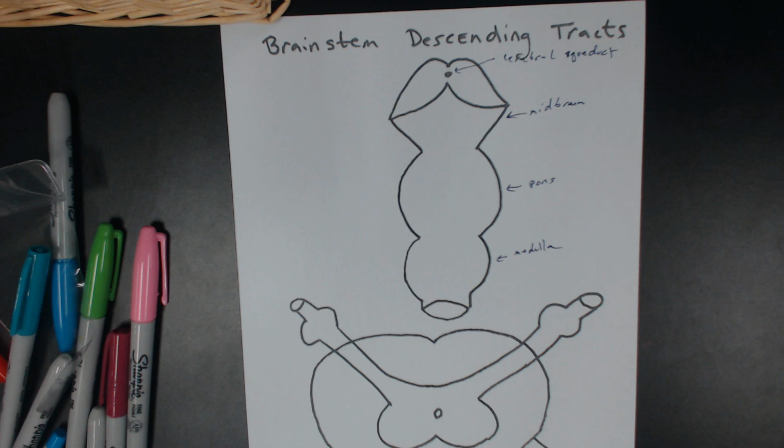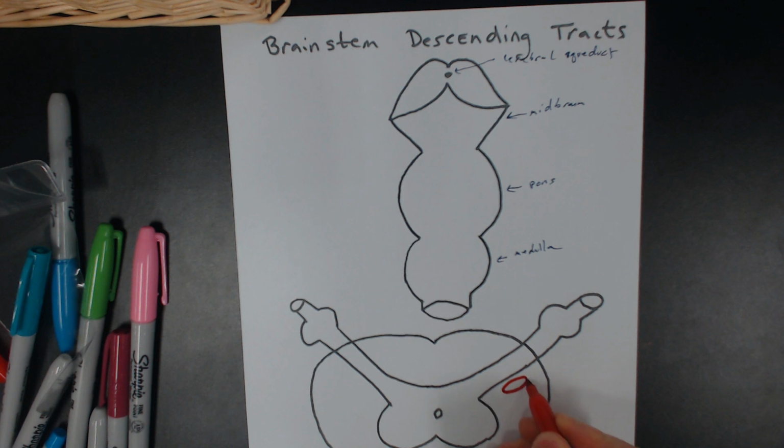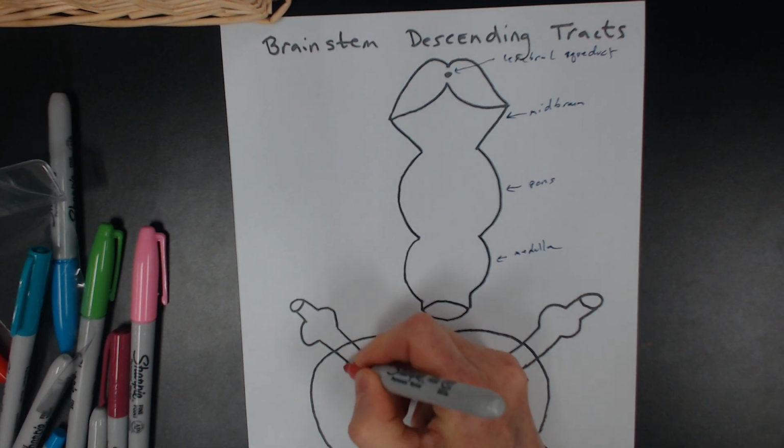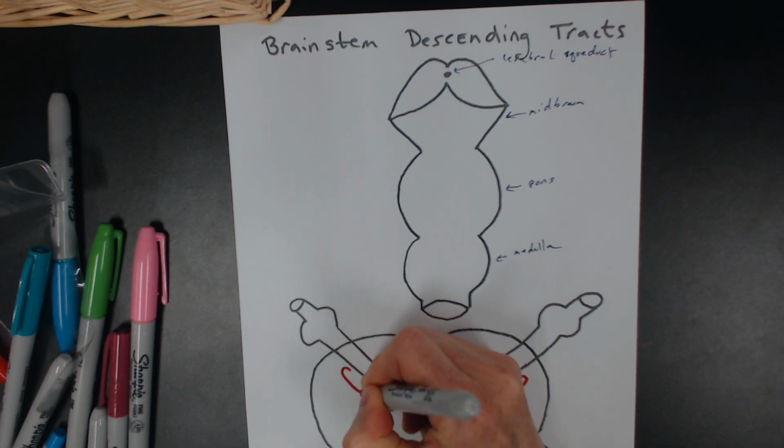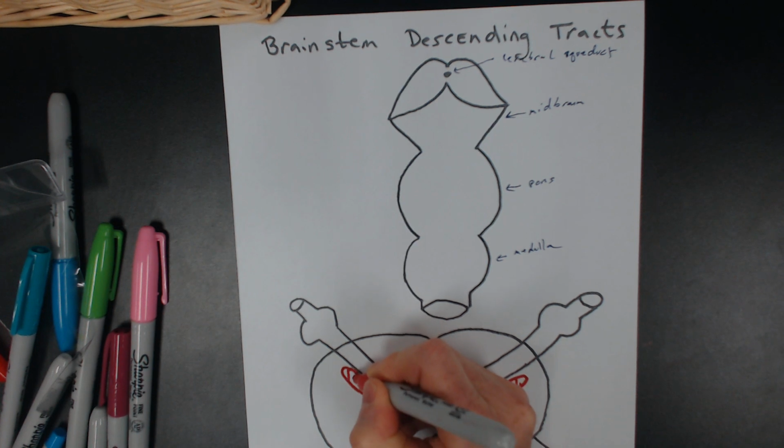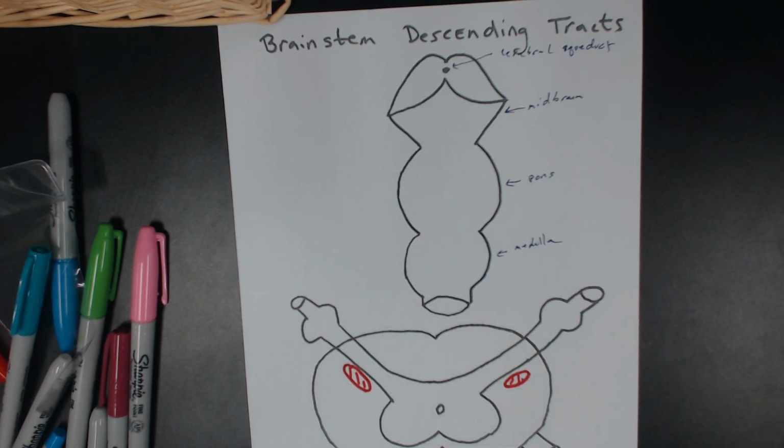All the basic parts of the brainstem. Might as well draw in a few things while I'm here. I have my lateral corticospinal tract. We talked about that. 90% of axons decussate and travel down the lateral corticospinal tract.